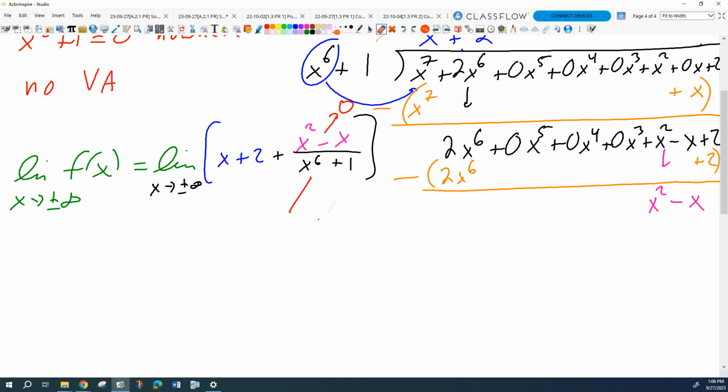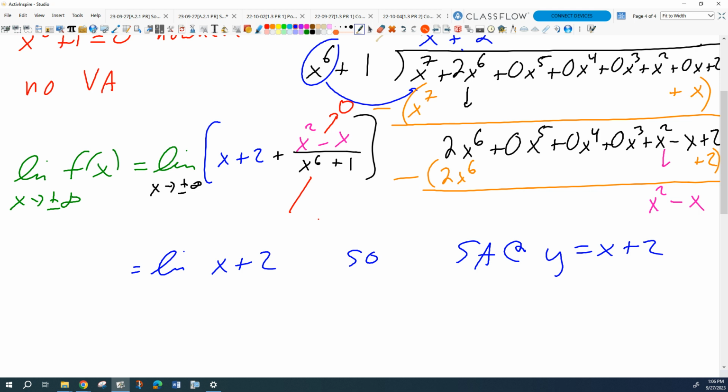And so we just get the slant asymptote, right? So our limit is then equal to the limit of x plus 2. So we get a slant asymptote at y equals x plus 2.